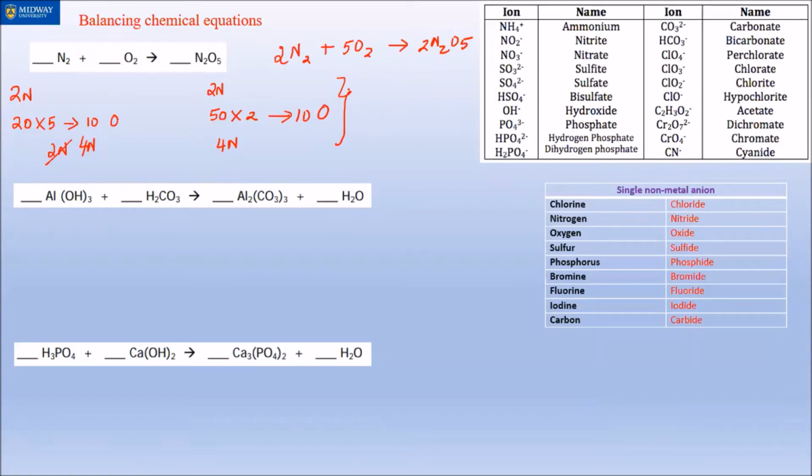What I really want you to take away from this is not so much the actual example, but the fact that when you change the count of one element, you might inadvertently change the quantity of another element. So you always have to go back and check every element to make sure that this is a well-balanced equation.